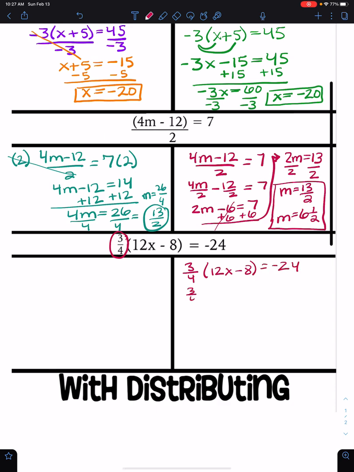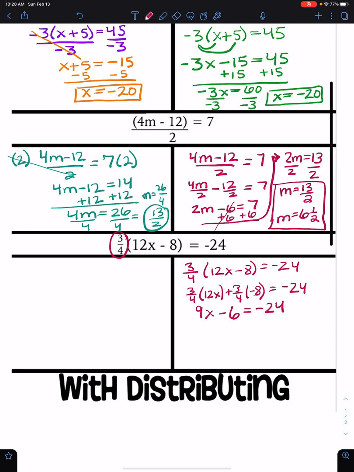So I'm going to have 3/4 times 12x and 3/4 times -8, because I need to multiply it by both things that are in the parentheses. 3/4 of 12 is just 9. You're going to get 36 over 4, which is 9. Over here, 3/4 times -8 is going to be -6, because it'll be -24 over 4, which is -6.